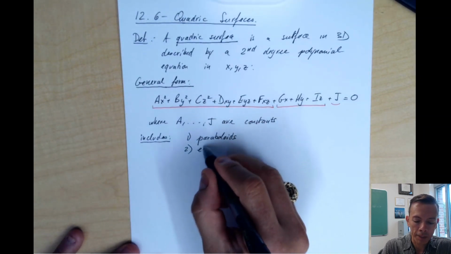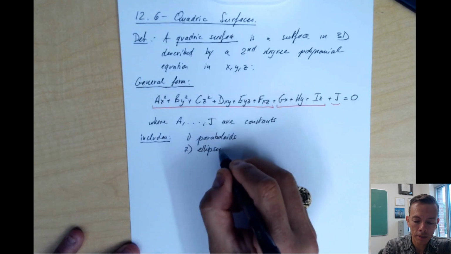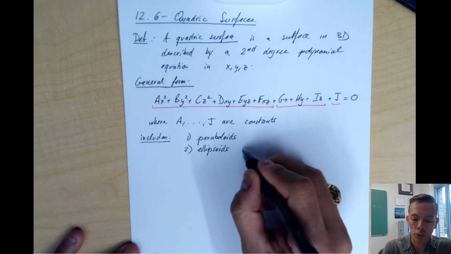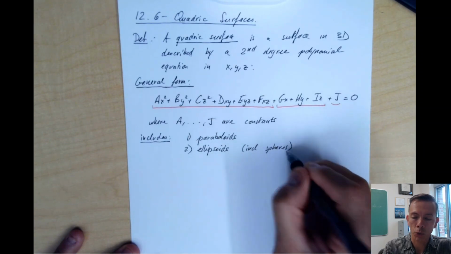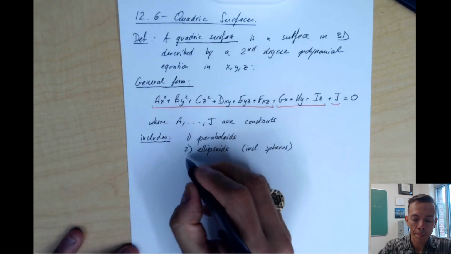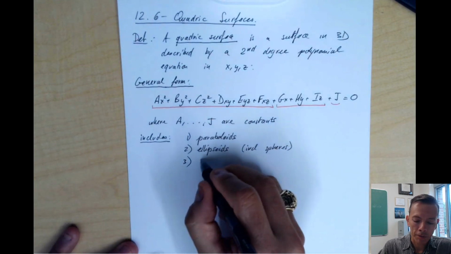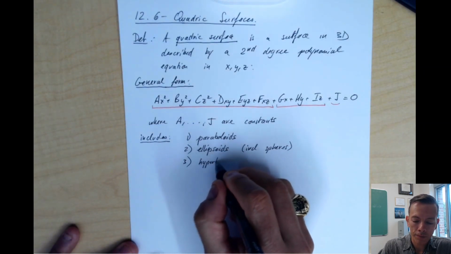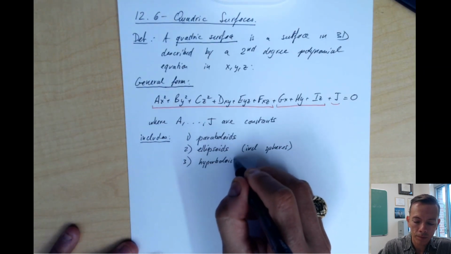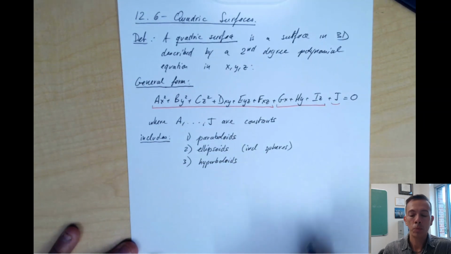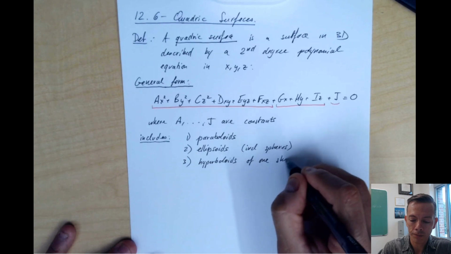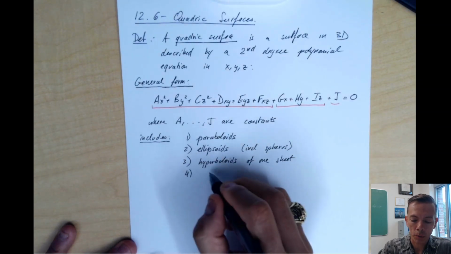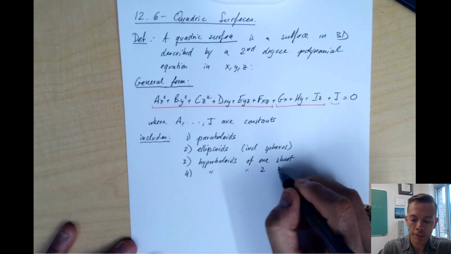And then you have the ellipsoids, which includes the spheres, which we have already encountered. And then you have hyperboloids, and there are two subfamilies. There are hyperboloids of one sheet and hyperboloids of two sheets.